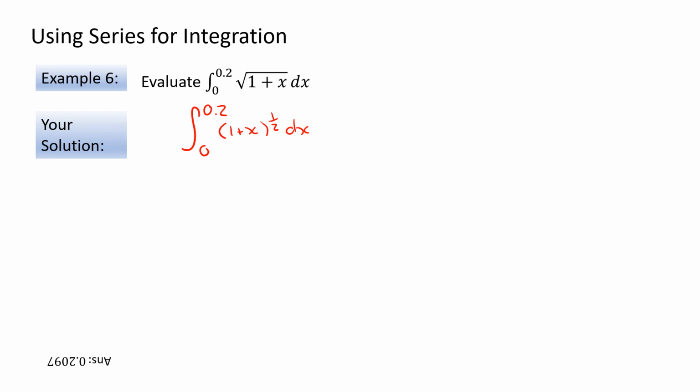Now, if you do that, what you notice is there's another series on the table. And what it shows is 1 plus x to the exponent n.